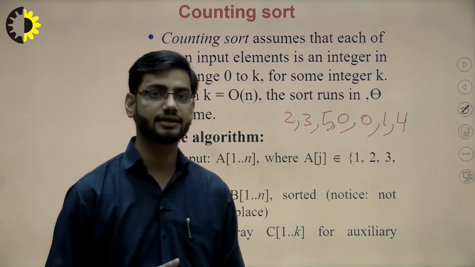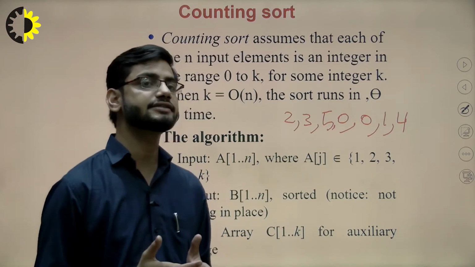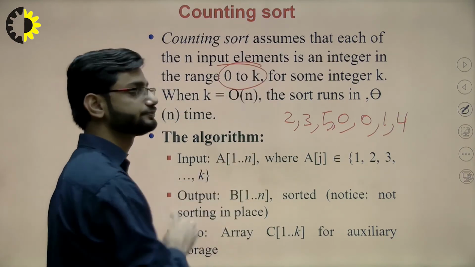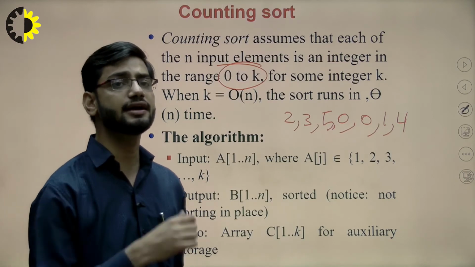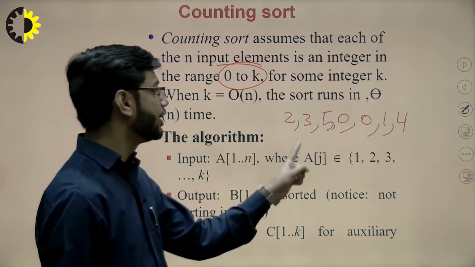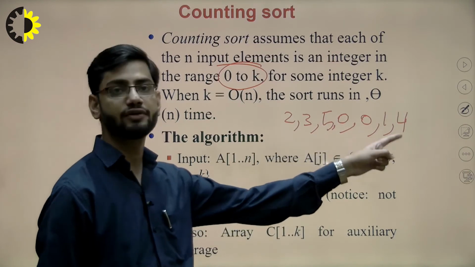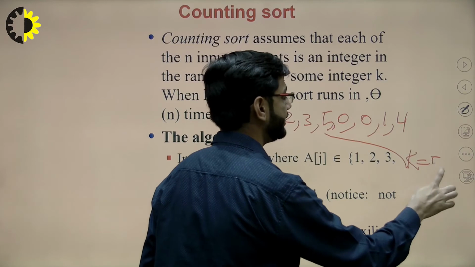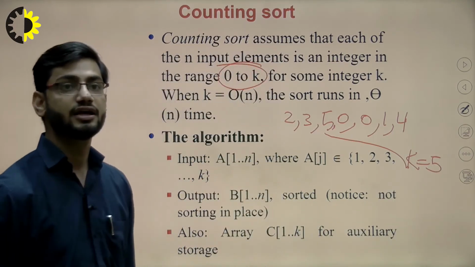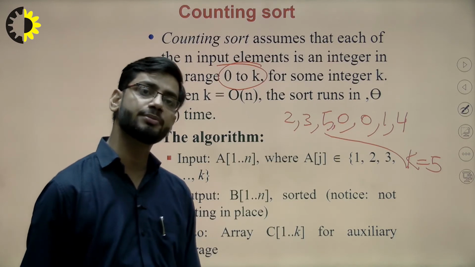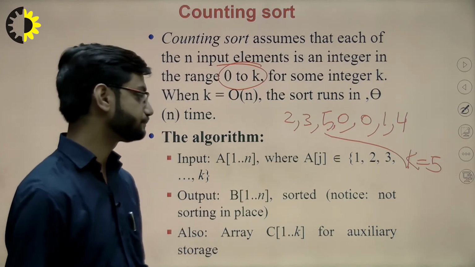It requires that the input should be in the range 0 to k, where k is the highest integer. For example, if the input array is 2, 3, 5, 0, 0, 1, 4, here the value of k is 5, the highest integer value is 5. Clear? So it imposes that all the inputs should be in the range 0 to k.